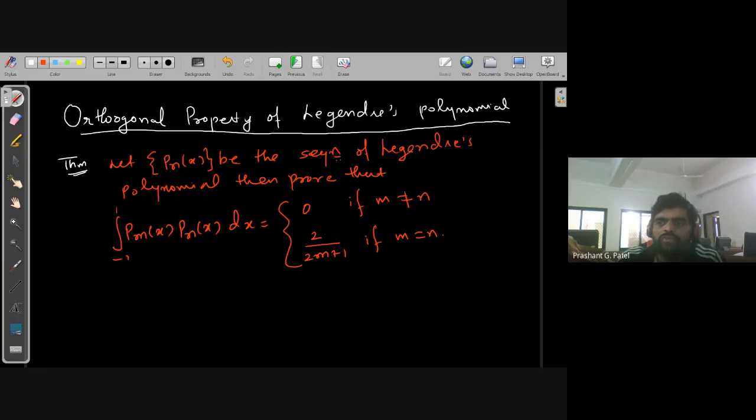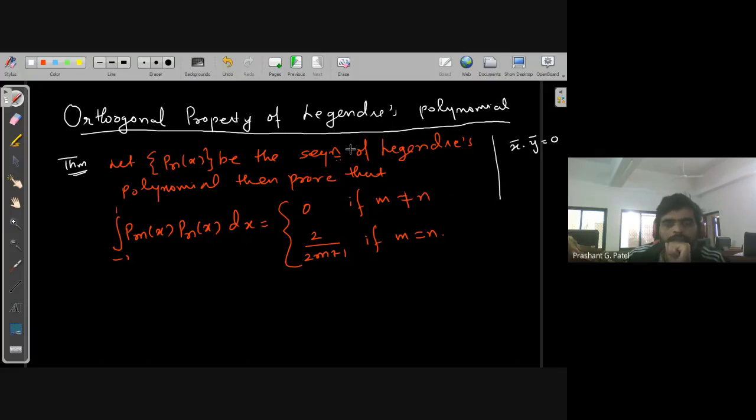So this is known as the orthogonal property. Whenever orthogonal is there, it has to be a product of two polynomials, some relation of the product of two polynomials. Like when I say orthogonal vectors, then x dot y bar is 0, then we can say that x bar and y bar are orthogonal vectors.